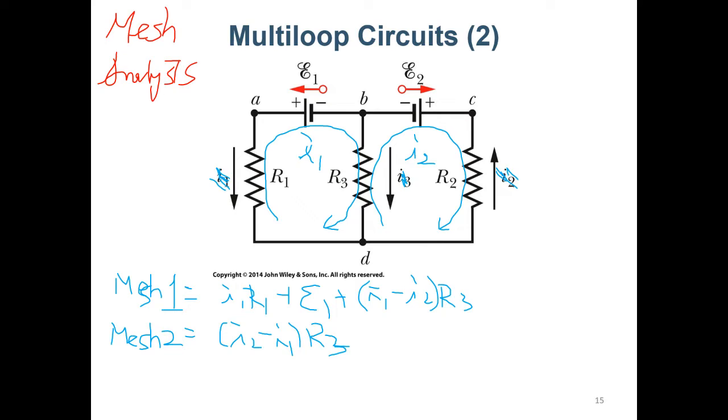I1 is in the opposite direction, so we minus I1 R3. And then from point B to point C, it is a voltage rising, so that we minus E2. And then for R2, it is also a voltage drop, so it is R2 I2, something like this.